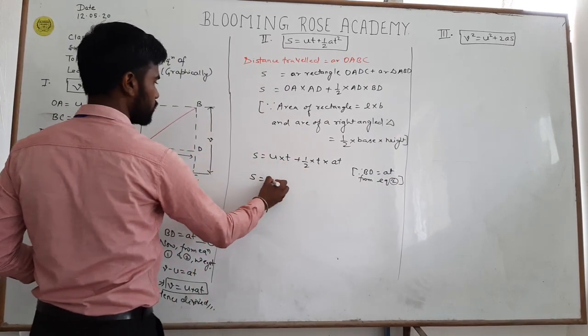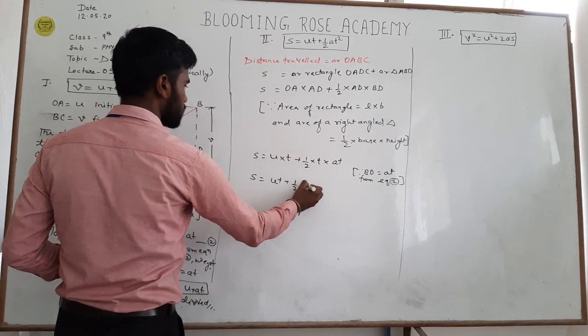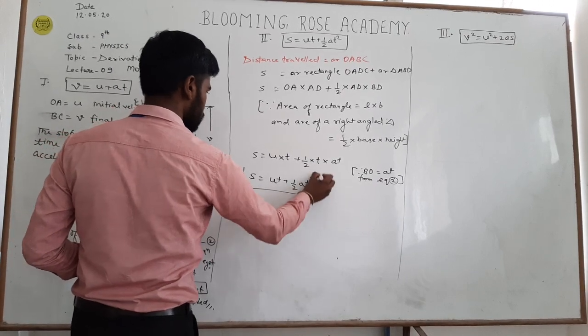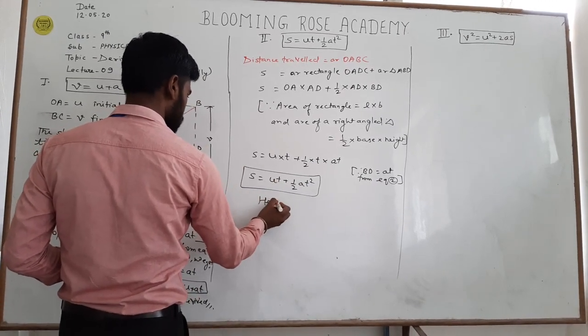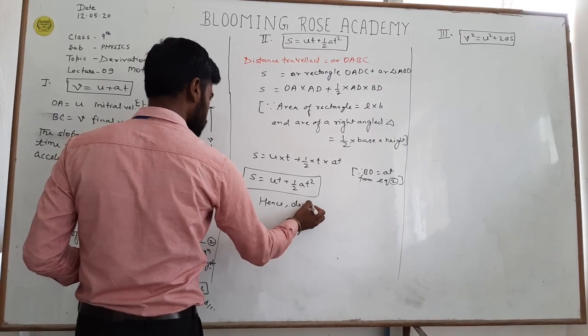So S is equal to ut plus half at square. Hence derived.